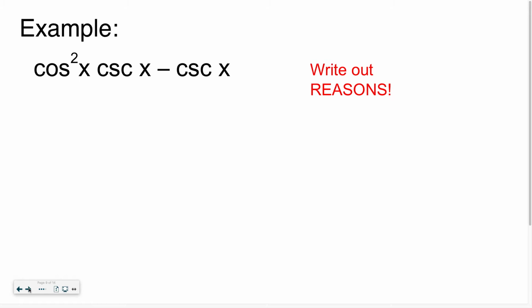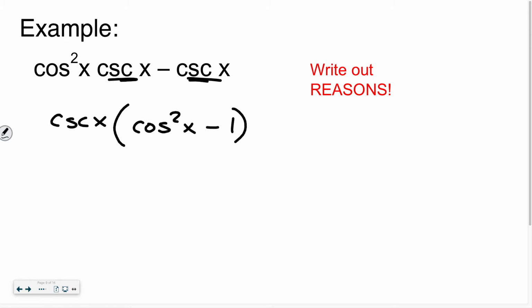So these things aren't like terms because this one has a cosine squared where this one doesn't. So anytime you see that where you're adding or subtracting something and they share something in common, your first step should be to factor. Like I factored out cosecant x. They both had it, so I took it out of both terms.